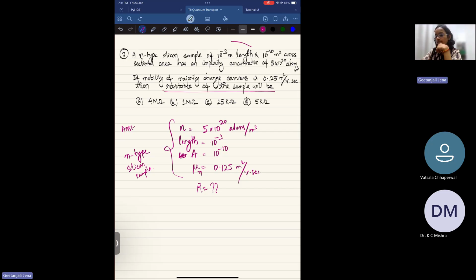You can easily see the device length is on the order of 10 to the minus 3, so it's not in the quantum regime. So you can easily use Ohm's law.